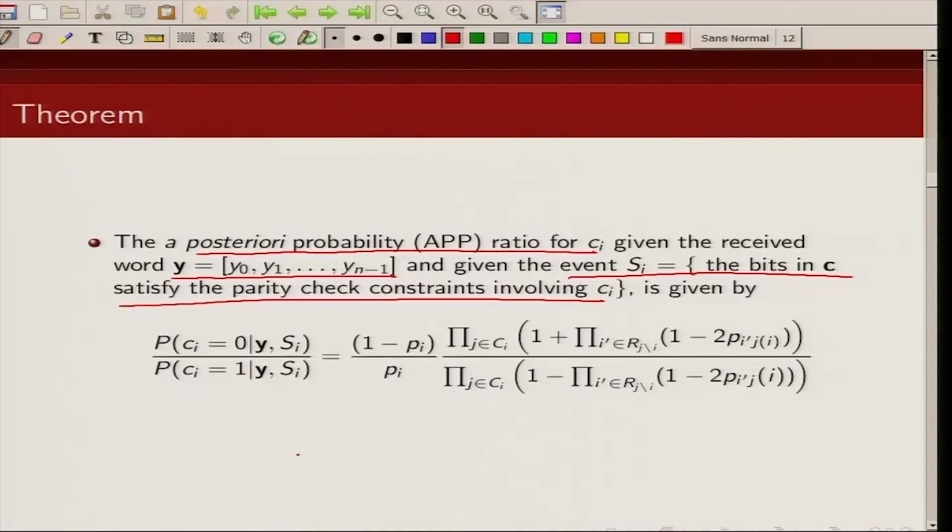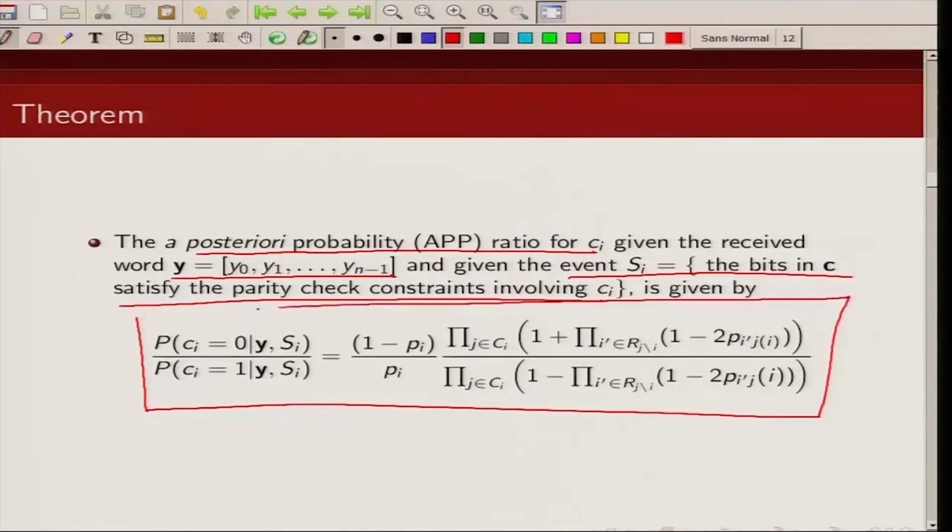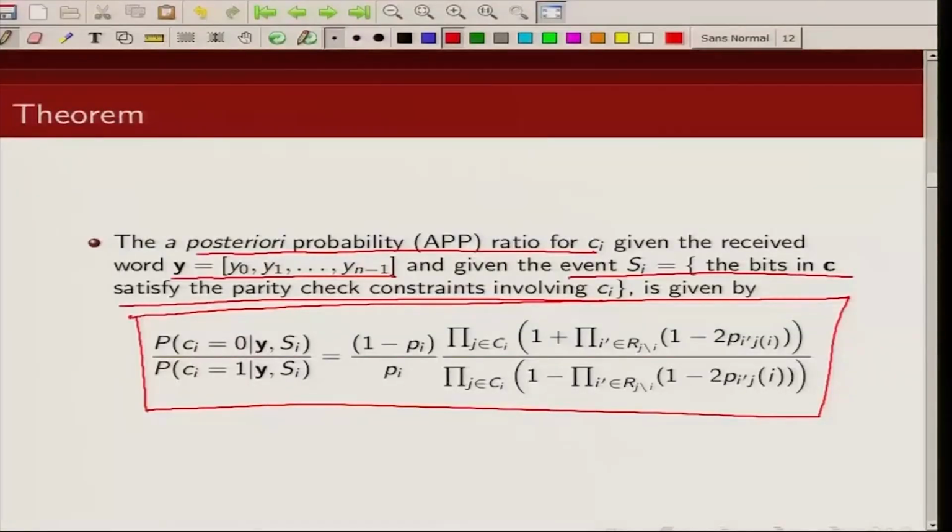This is given by, divided by probability of Ci being 1 given Y and Si. This expression is given by this expression. And we are going to use the theorem that we have proved in the beginning of the lecture to derive this expression. Namely, if you have m independent random variables, what's the probability that some of them has even parity and some of them have odd parity. We are going to make use of that result to derive this expression.